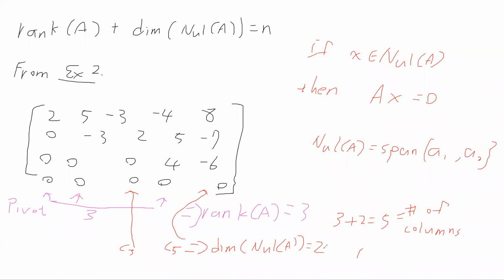Now, if you recall one of, I believe, the last examples from 2.8, you will see that when we want to find the basis for the null space, we actually use the columns that are not pivot columns, right? Meaning we're using the non-pivot columns as our free variables to find the basis for a null space.